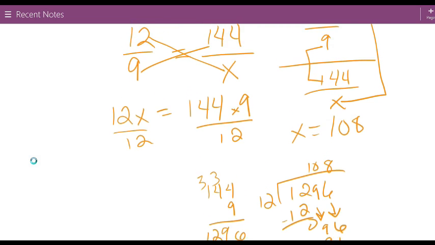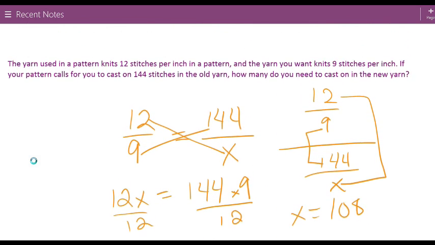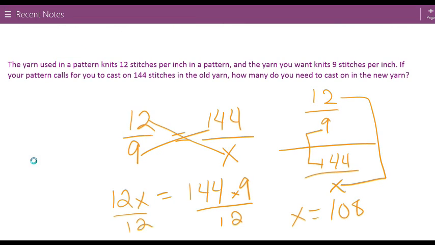Now, it doesn't really matter if you're familiar with what exactly is going on in the problem.